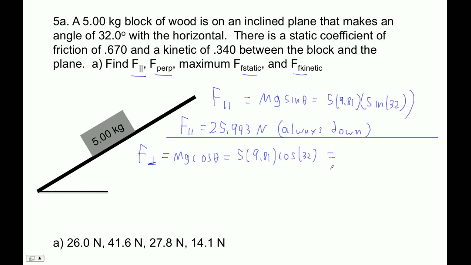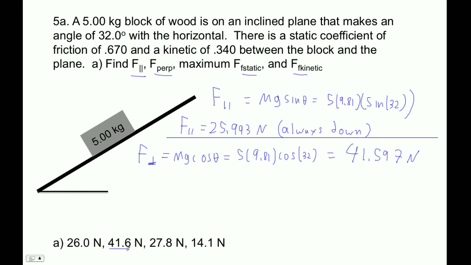I'm going to store that in B just for fun. That's 41.597. It's just a force that we're going to use to calculate the force of friction.